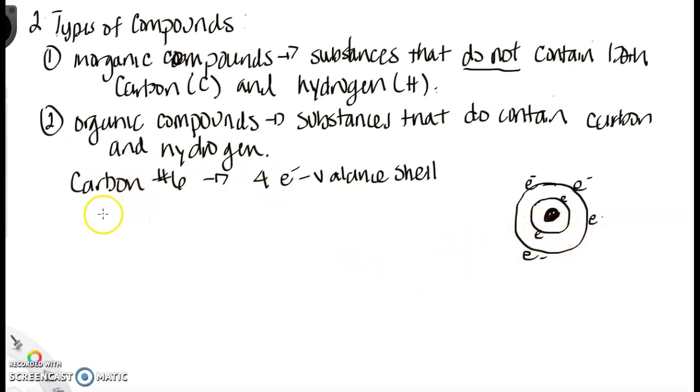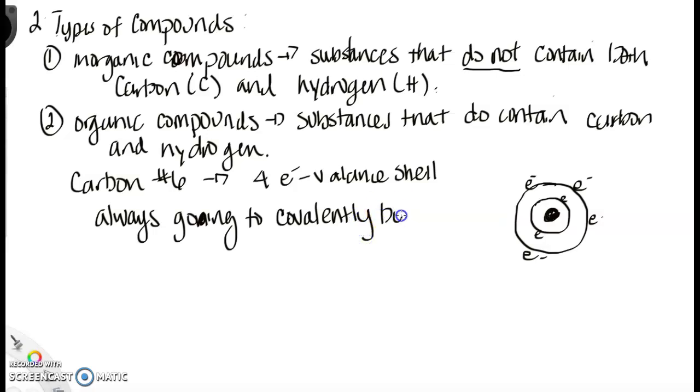So carbon is always going to covalently bond with other elements and other molecules. Okay? So these carbon molecules are unique to living systems. And we're going to talk about each one specifically.